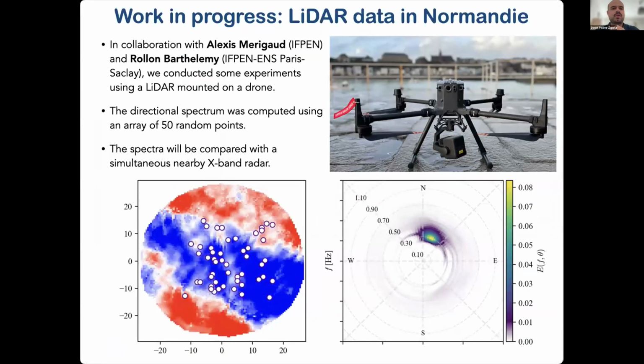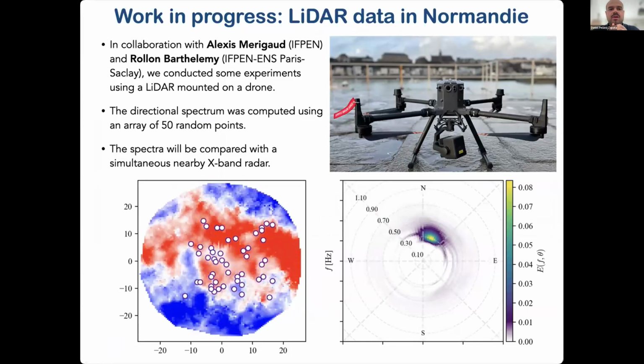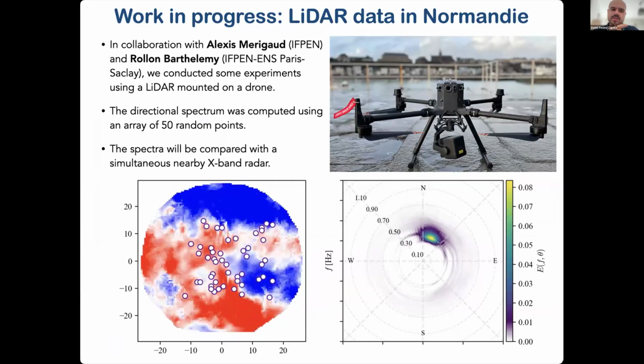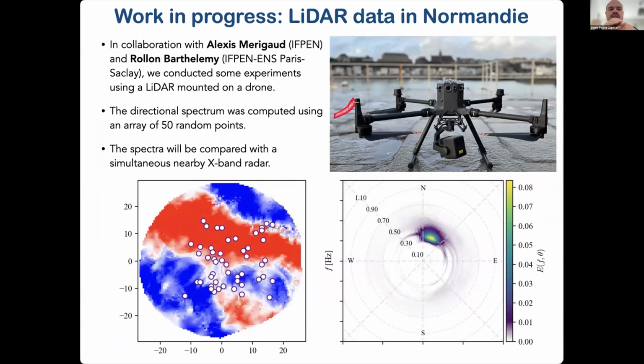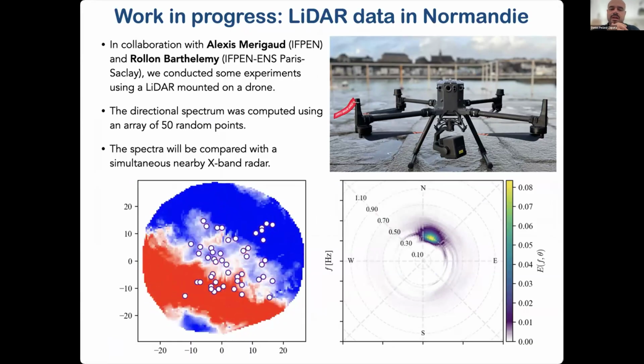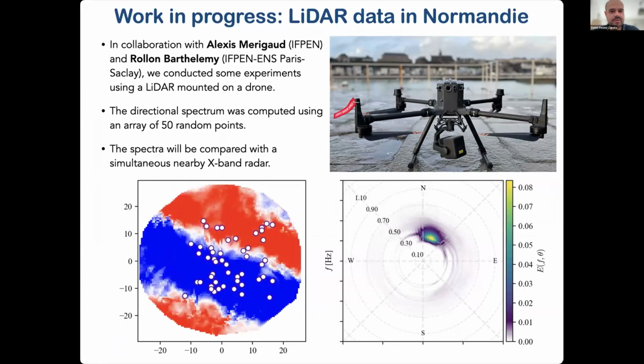Okay, so a little bit of work in progress. In collaboration with Alexis Merigot and Roland Barthélémy from IFPEN, Roland is a PhD student at ENS Paris-Saclay, we are working on some experiments using LiDAR, a LiDAR mounted on a drone. We have some observations in the north of France.